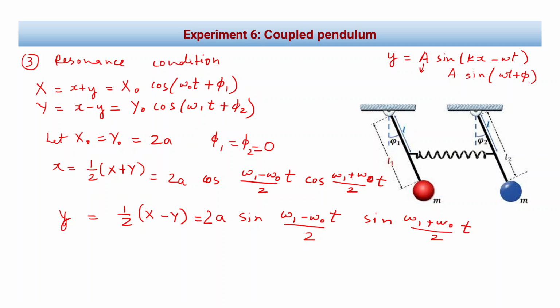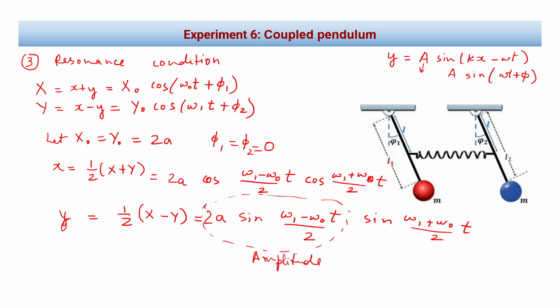So here, if we ignore the phase and compare with a sine omega t, that means this part is the frequency. And this whole thing, you can consider, is the amplitude in this situation.